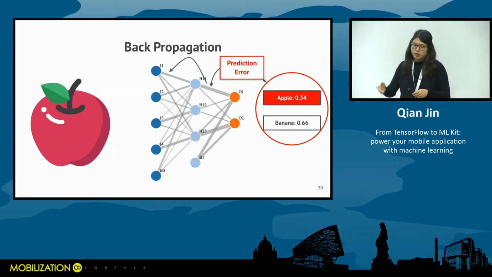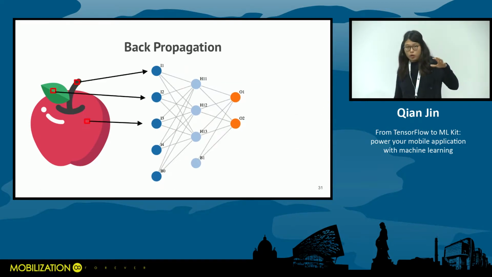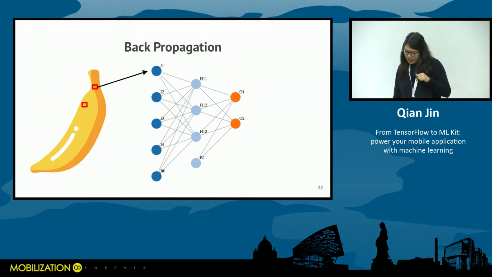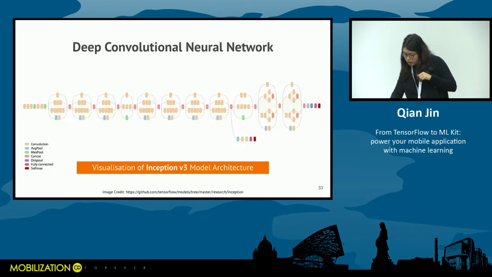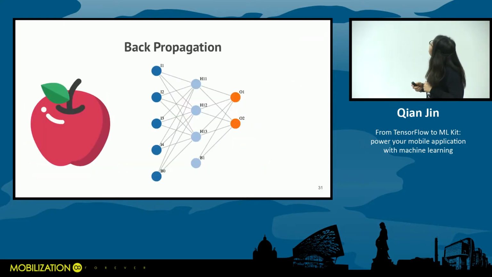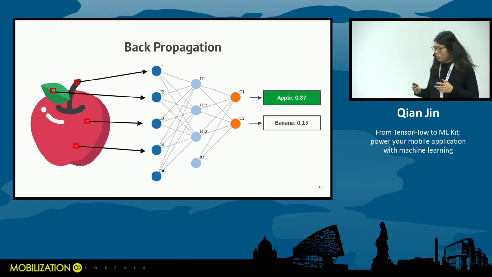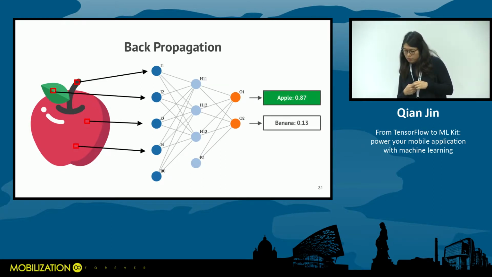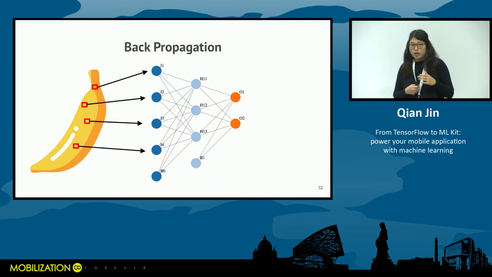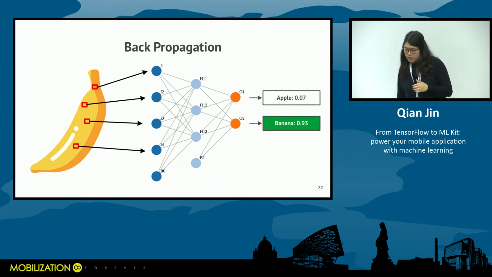So that's how we do the backpropagation to update the weights of our synapses. Then the next time we feed some images to the neural network, it can function properly. So it will be able to recognize an apple from a banana, something like that.